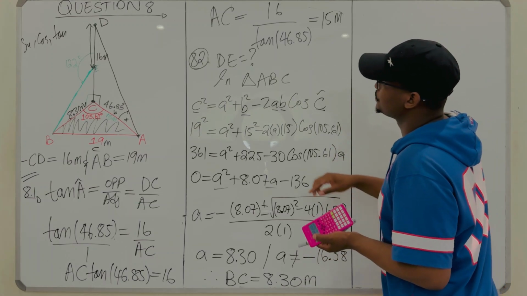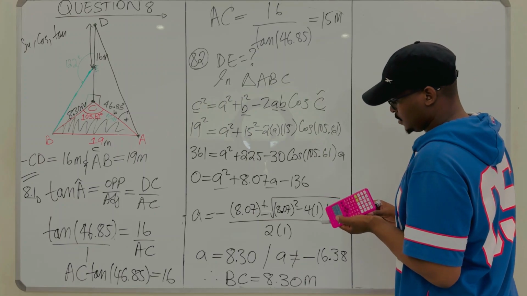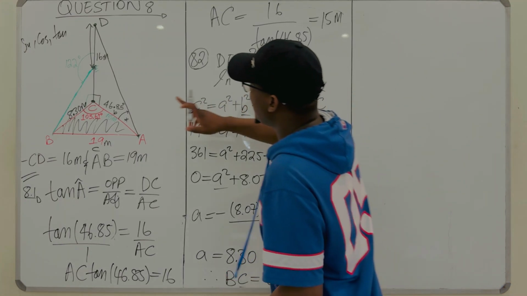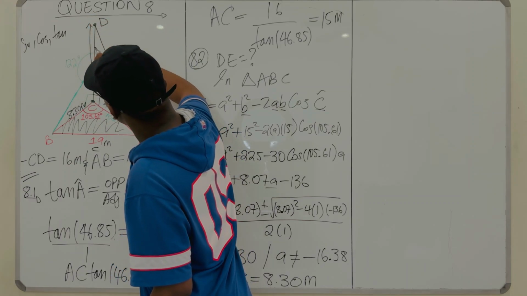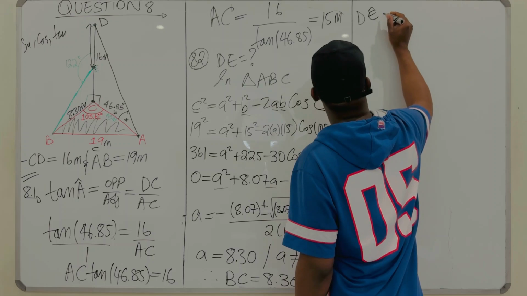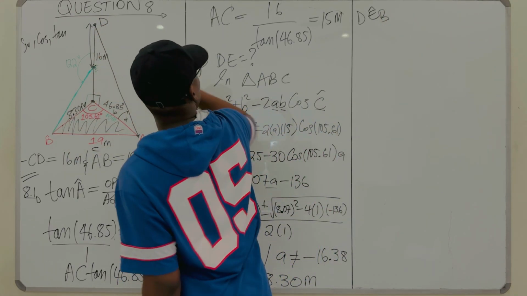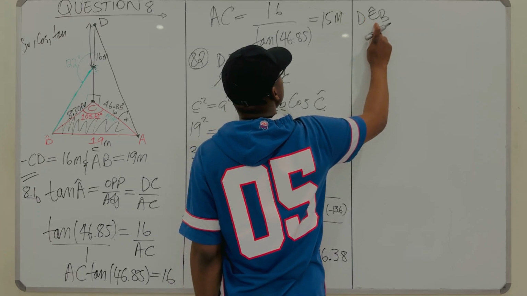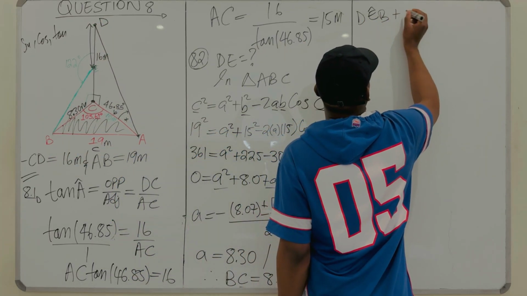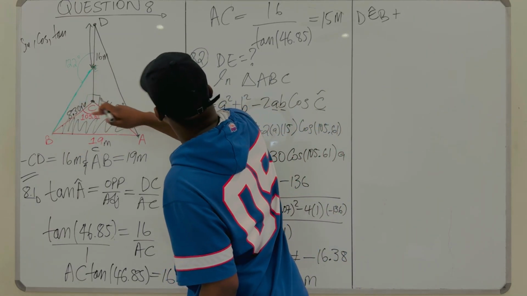Okay, so what do we do? We can say this angle here, which is angle DEB, the angle between DE and EB. DE is this one, EB is that one. Plus this angle here in this triangle, which is BEC.